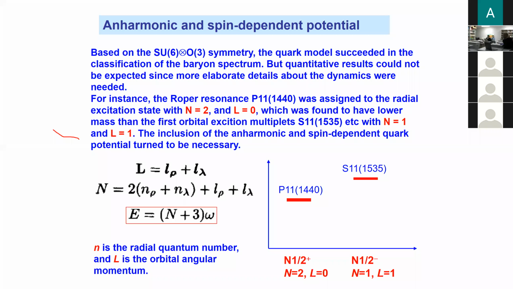One of the very famous questions is about the reversing of the energy ordering between the first orbital excitation and the first radial excitation.